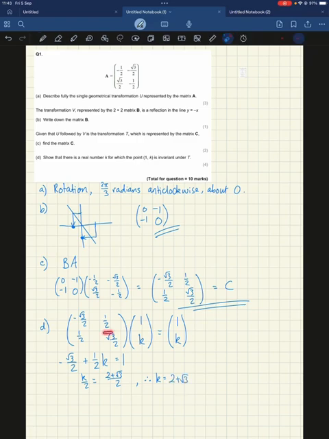Okay, now we'll do the other multiplication, so this row by this column to give us k. So what we'll get is a half plus root 3 over 2k, and that is equal to k.